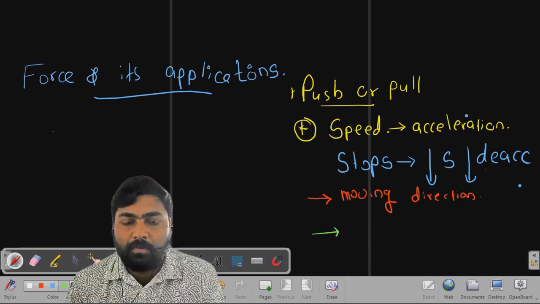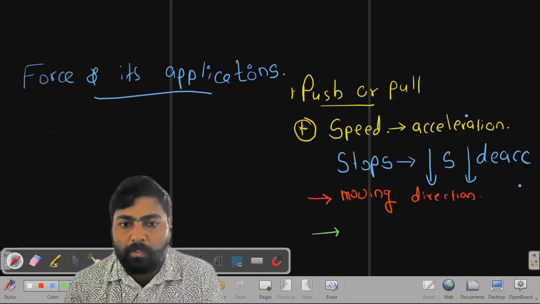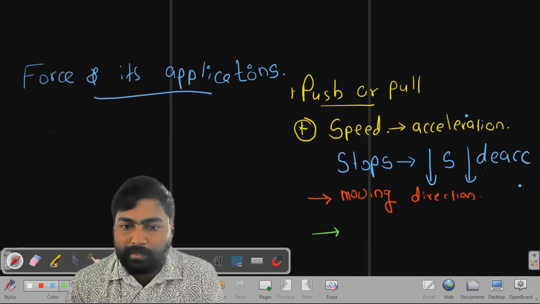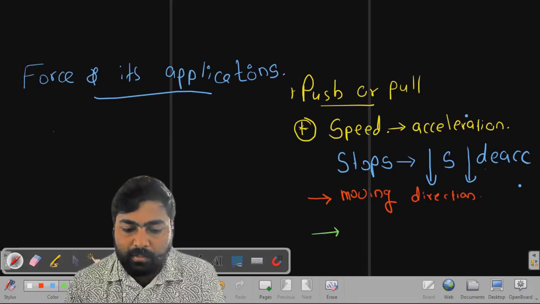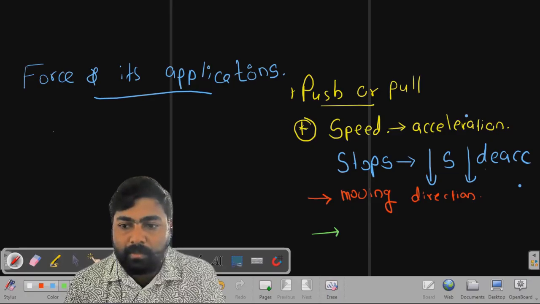So deformations can happen. It changes its original shape. Those are the main things that can happen when a force is applied. Clear?